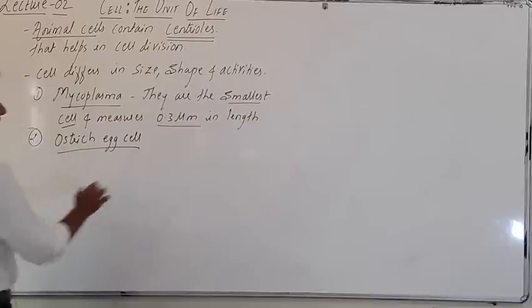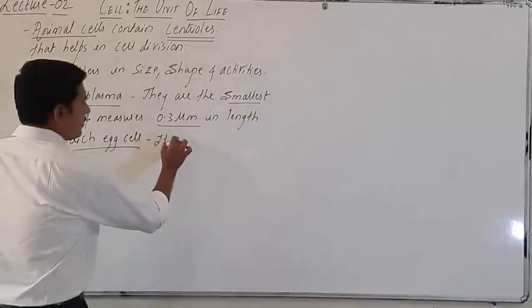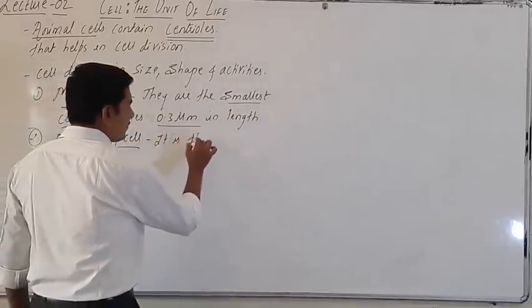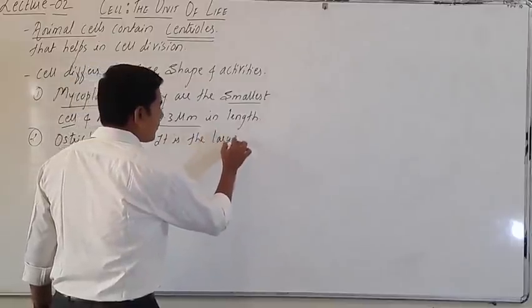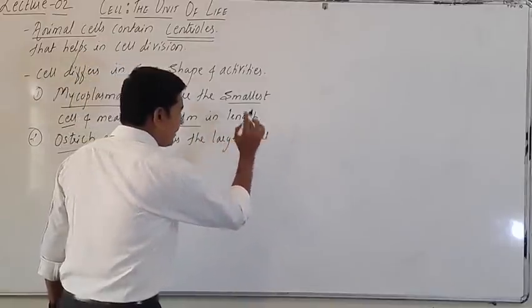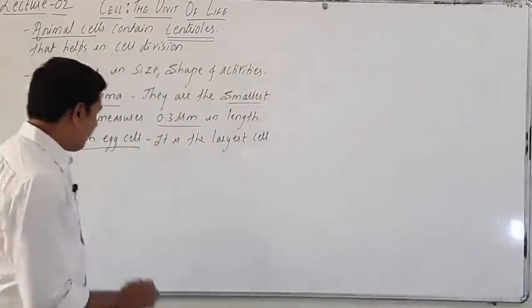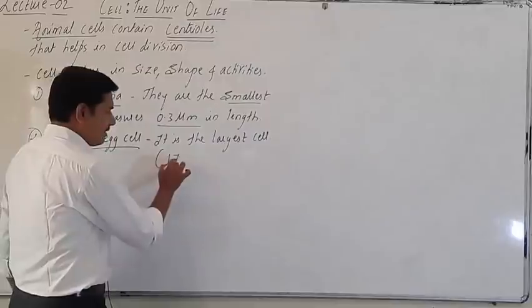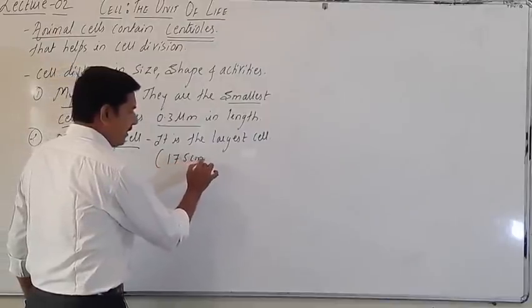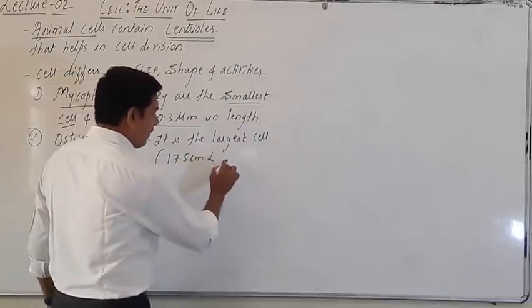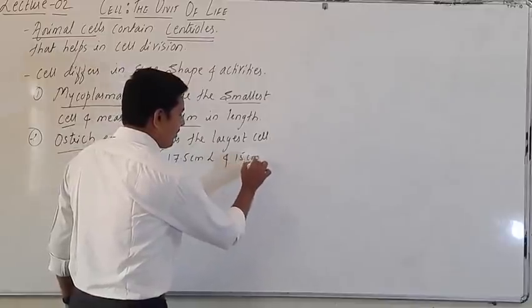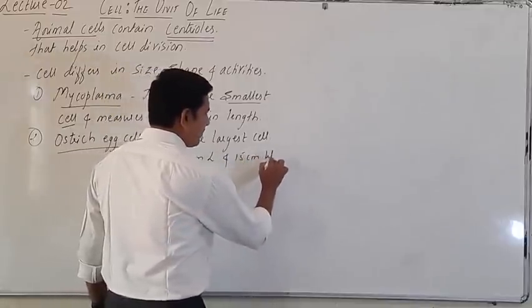So the ostrich egg is the largest cell, which measures around 17.5 centimeter in its length and 15 centimeter in its width.